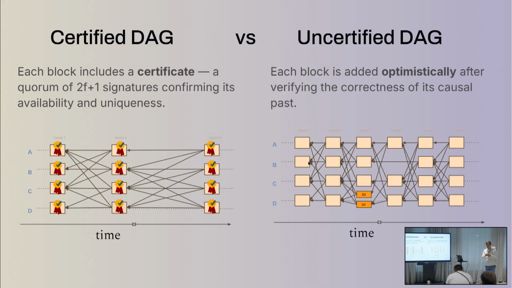So in certified DAGs, the way it's done is through so-called certificates. If you create a block, the first thing you do is multicast that block to every other validator, and every other validator receives this block, and if it's the first block from that validator in that round, and it's all valid, then they send back the signature, and the block creator then aggregates signatures and sends back to everybody else the certificate for this block.